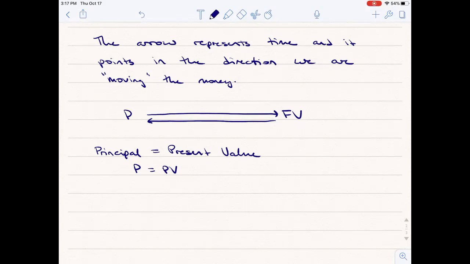So this idea that P, the present value or the principal, is always on the left, and if you find yourself drawing an arrow towards the right, you're going to be solving for the future value, or whatever's on this side is the future value, right?